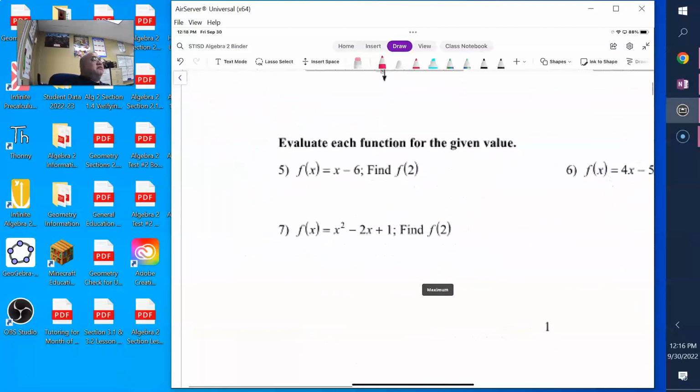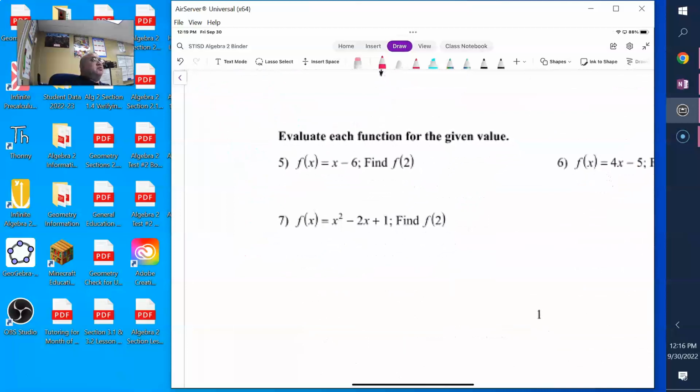Number 5, make sure that you use parentheses for number 5 and number 7. I know in this case we don't have negatives, but it says to evaluate each function for the given value. So this is your input. It's going to be f of 2 equals parentheses 2 minus 6. In this case, the output is -4.